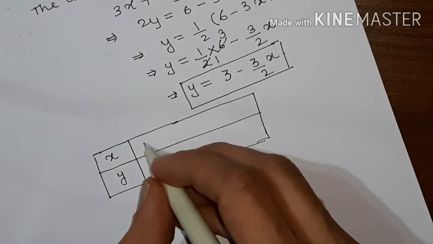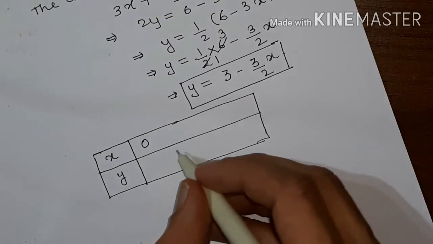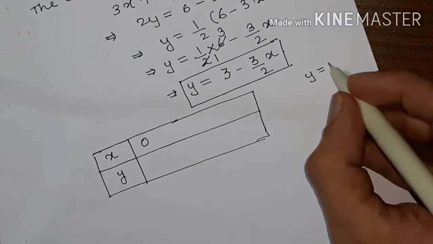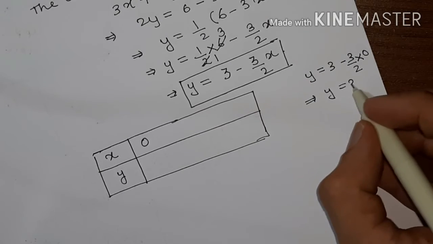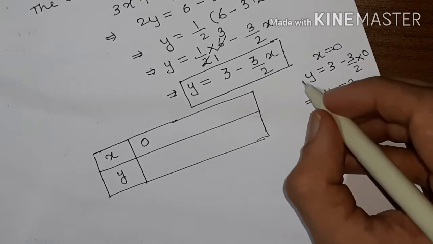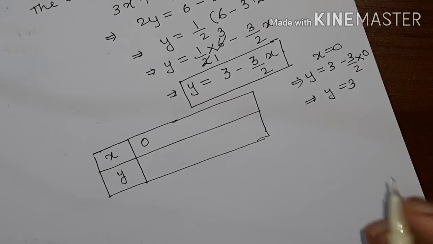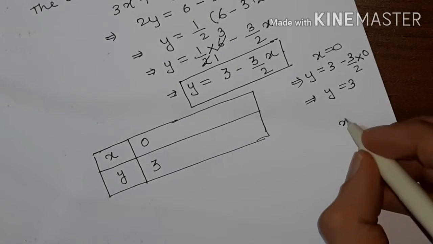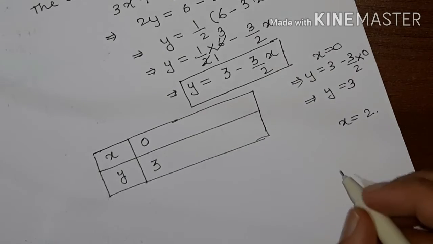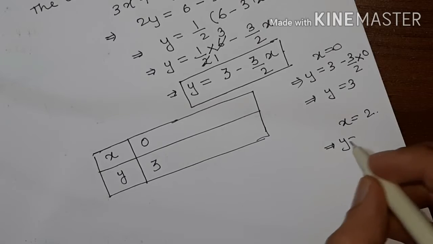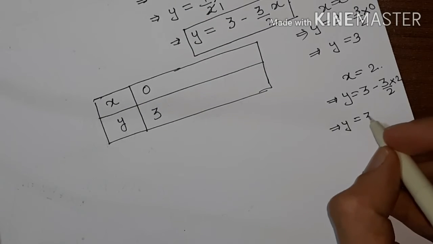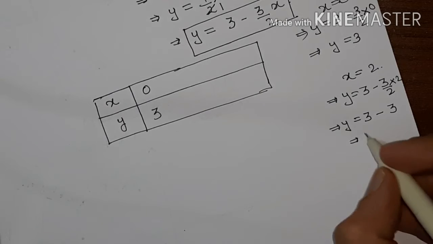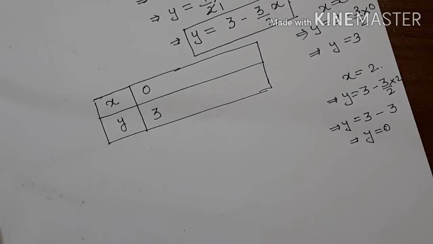Now if we take x equal to 0, what are we getting? y is equal to 3 minus 3 by 2 times 0, so y is equal to 3 when x equal to 0. Now when you take x equal to 2, what you will get? y equal to 3 minus 3 by 2 times 2, so y equal to 3 minus 3, that is y equal to 0.